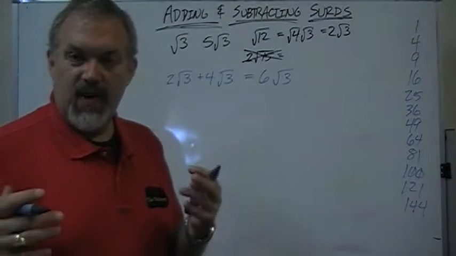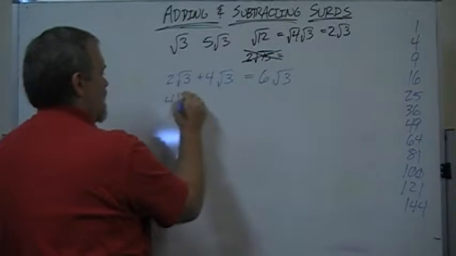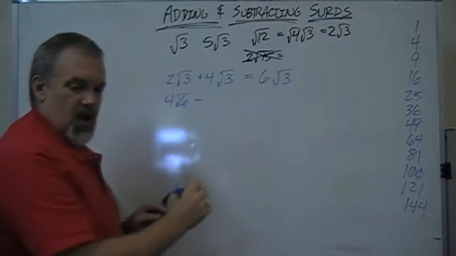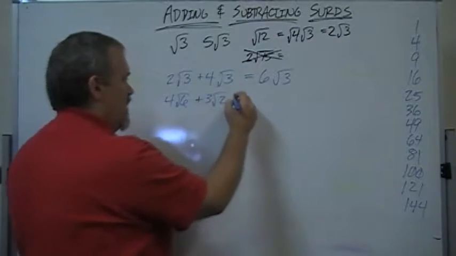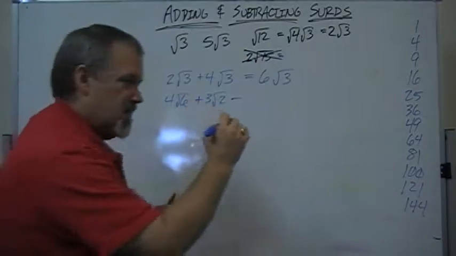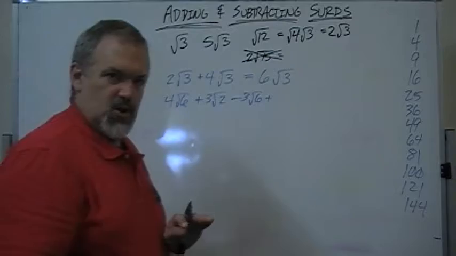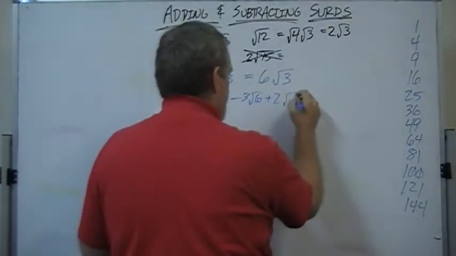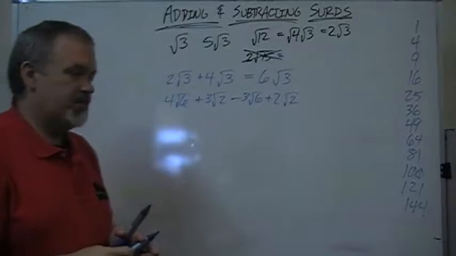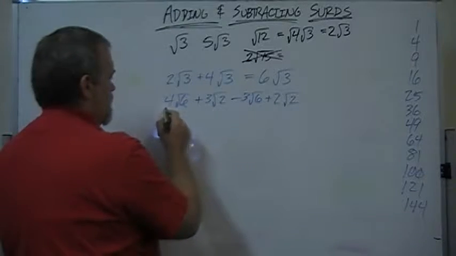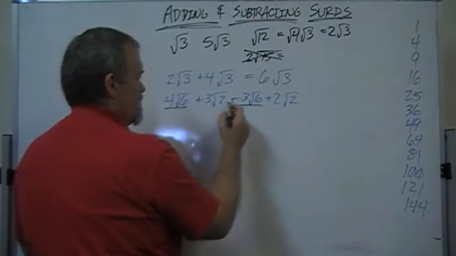We can do this even if we have a longer chain of numbers. Let's try 4 root 6 plus 3 root 2 minus 3 root 6 plus 2 root 2. Now you notice that not all of those are the same. This is root 6, this is root 6, and then this is root 2 and root 2.